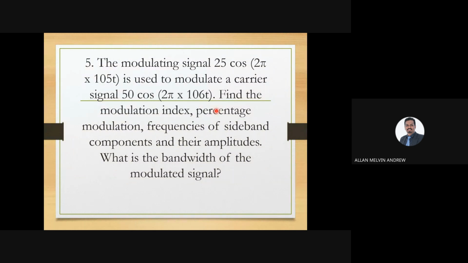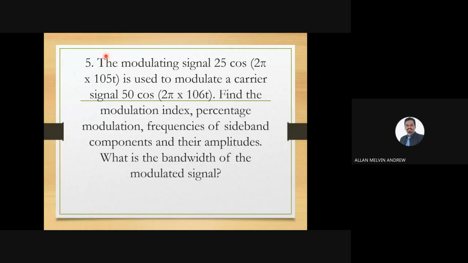Okay, so in this case, they say the modulating signal 25 cos 2 pi times 10^5 t. So what is it referring to? Modulating signal.